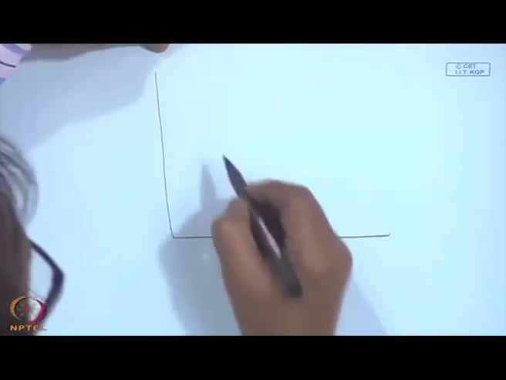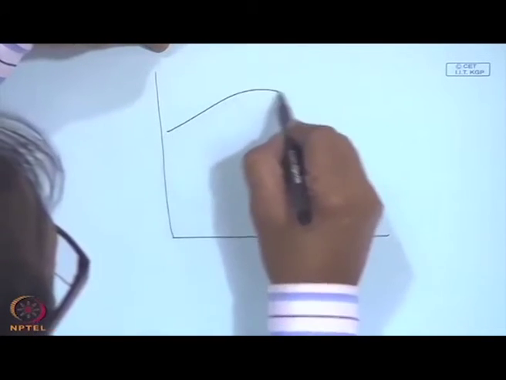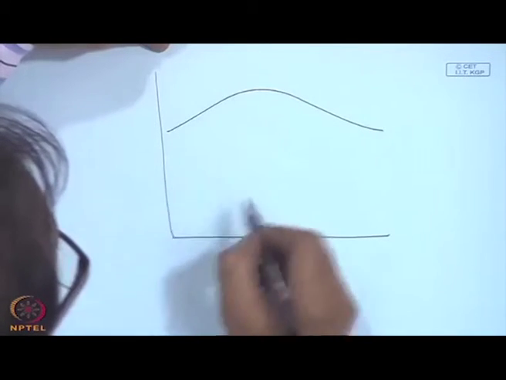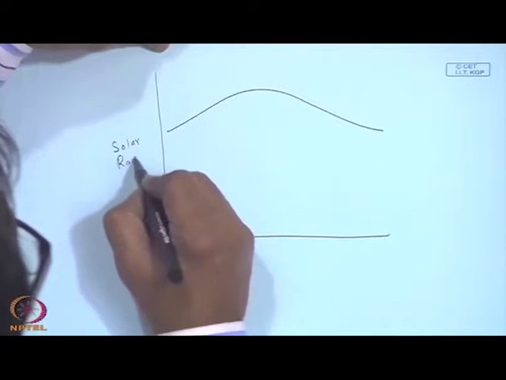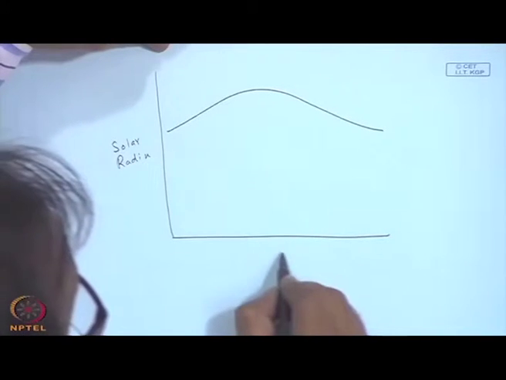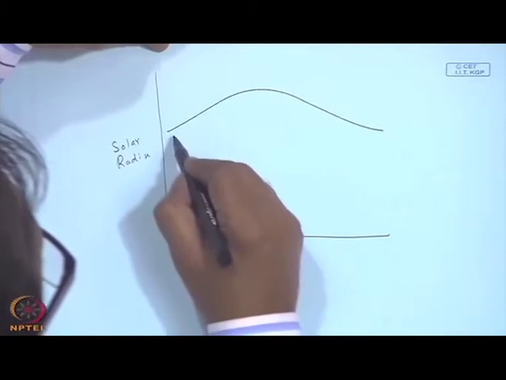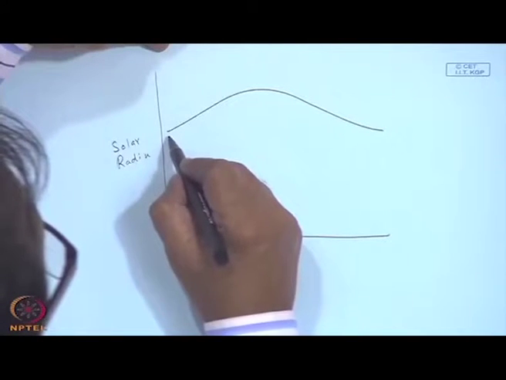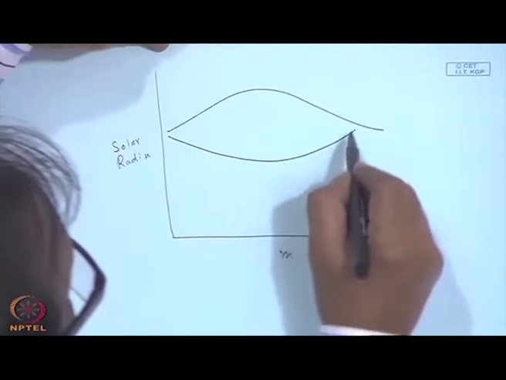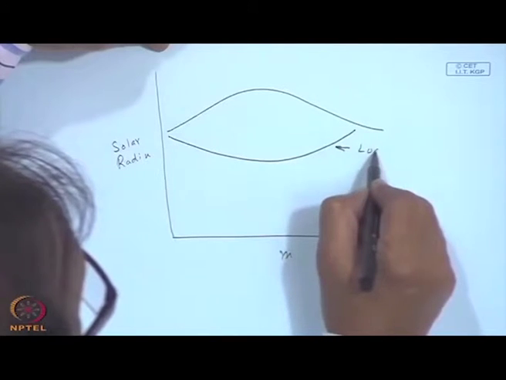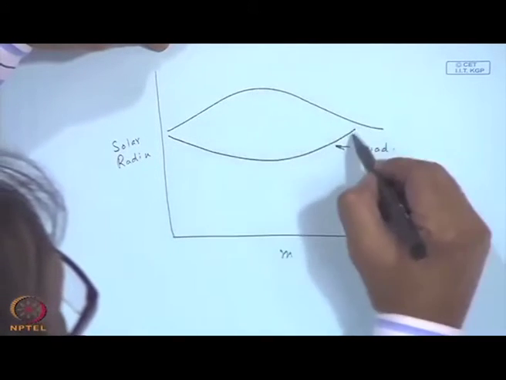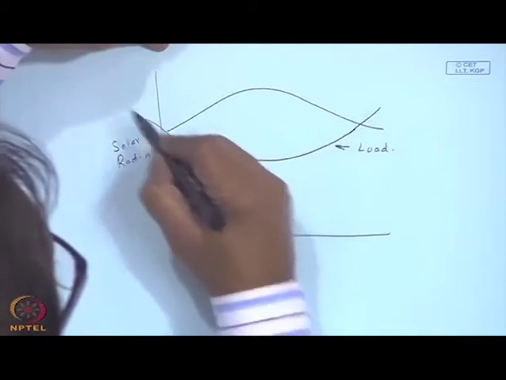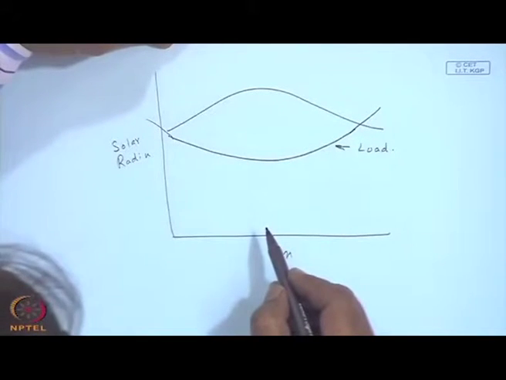a situation like this, where you have of course the same variation of the solar radiation with the months, and my load can be like this. Low load when the radiation is maximum and a higher load when the radiation is lower.